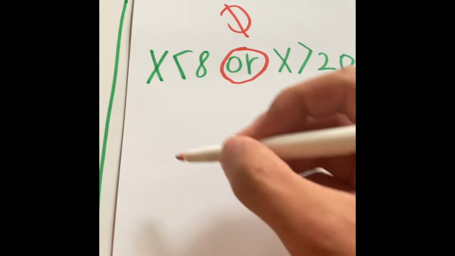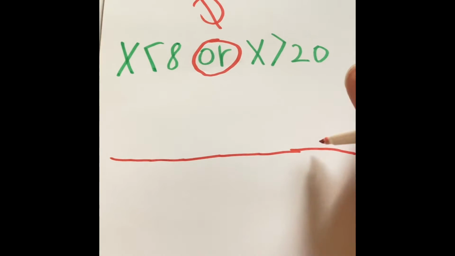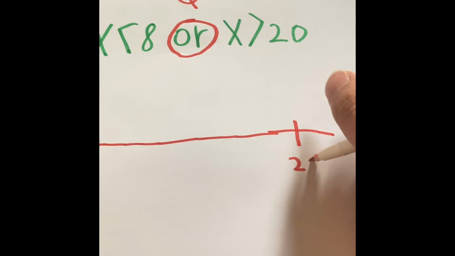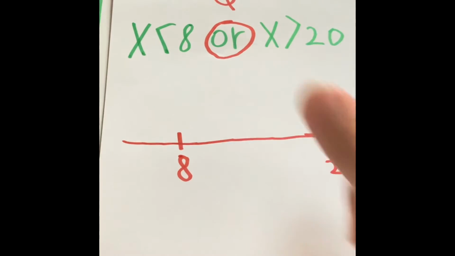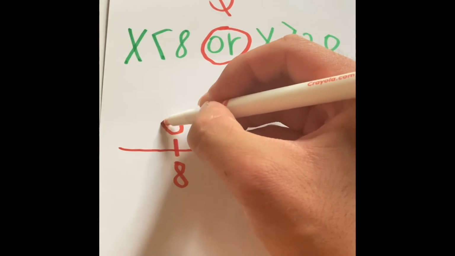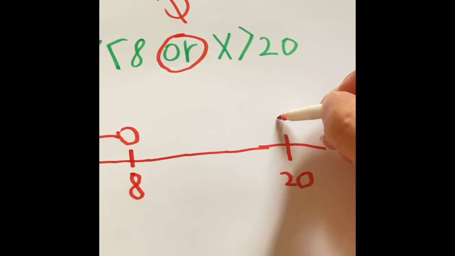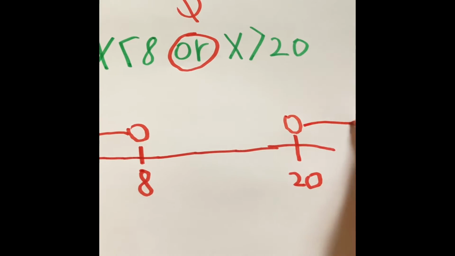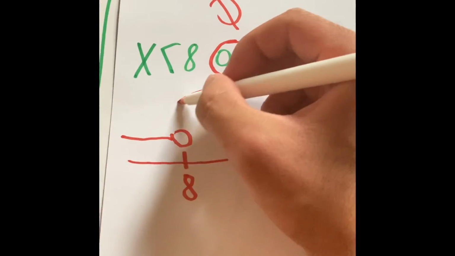If we graph that on a number line, let's say 20 is right here, and we have 8 right here. So pretty much it's saying that x has to be less than 8 or x can be greater than 20. So we can put x in for here and x in for here.